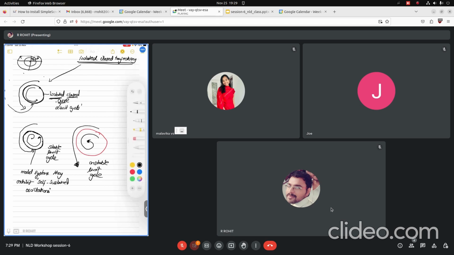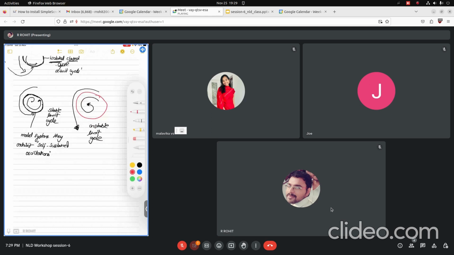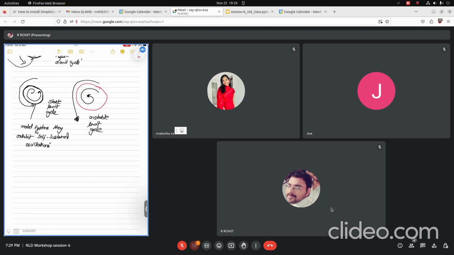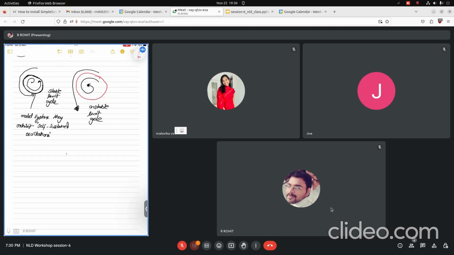Similarly, as we said previously, there can be a stable node, unstable node, and saddle node. Like that, here also you can have a stable limit cycle, an unstable limit cycle, and what we call a half-stable limit cycle. So if this is your limit cycle, some curves starting here may try to come towards the limit cycle, whereas some starting here may try to go away from it.